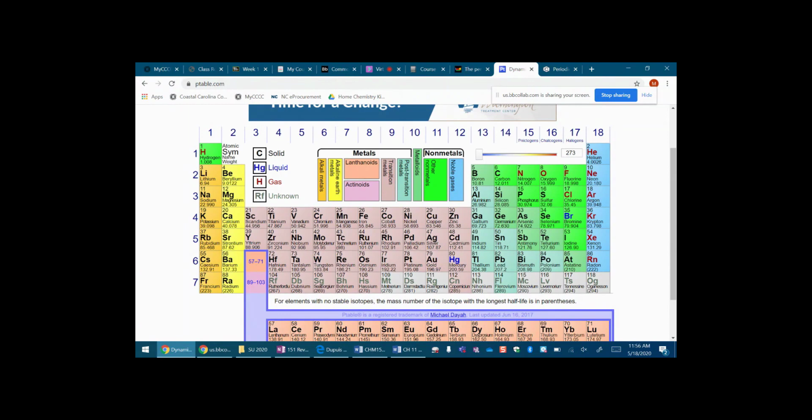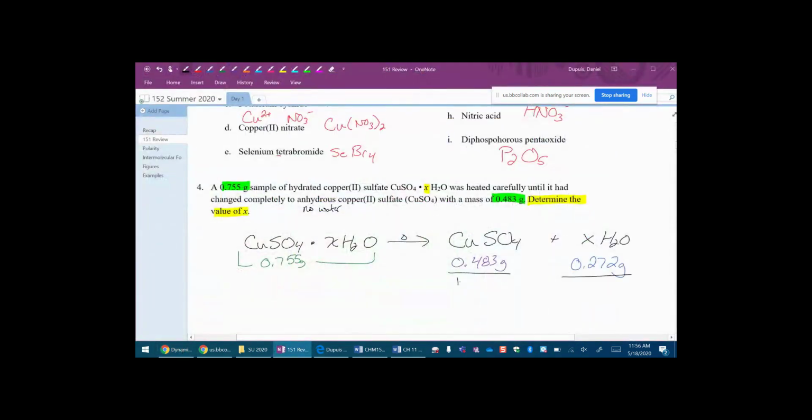And copper is 63.55, sulfur 32.06. I typically use 2 decimal points so that way we can be consistent. So I get 159.61. And water, 18.02 grams per mole, because 1.01 plus 1.01 plus 16.